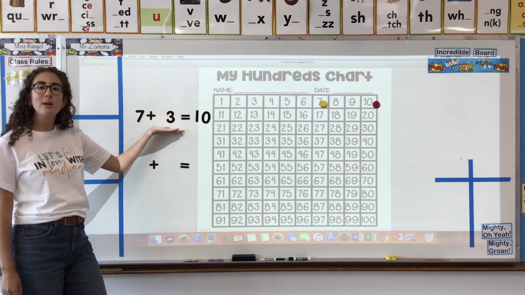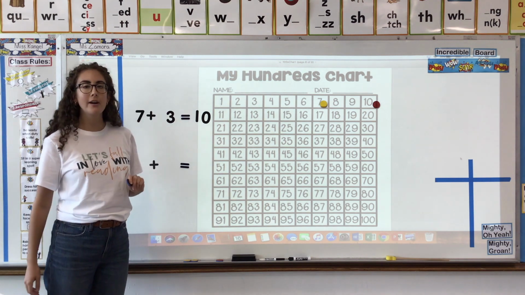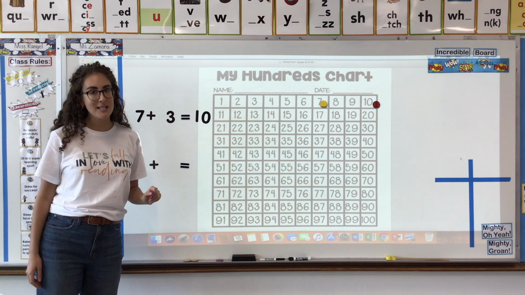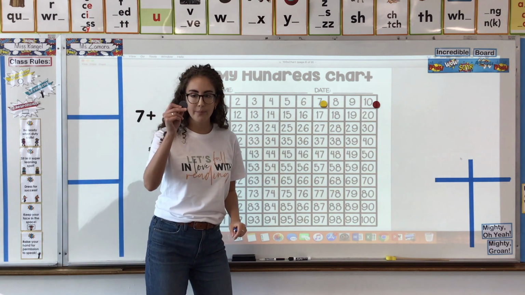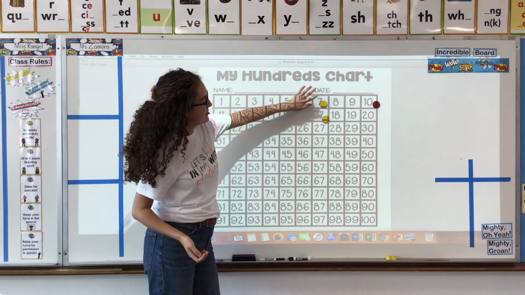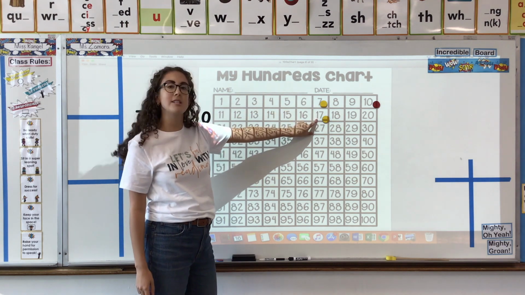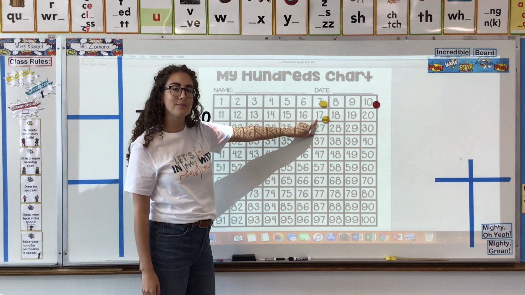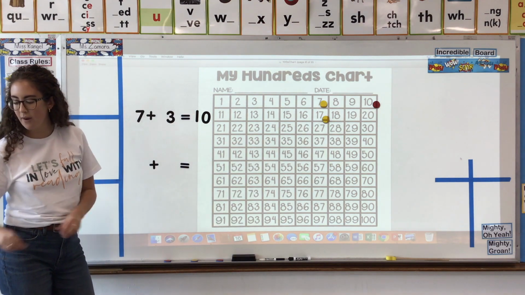Because we know this equation is true, we can figure out someone else's pair to 10. So I want you to take another counter and put it on the number 17. 17 is right beneath the 7. So we're starting with 17 as the first part of our equation.